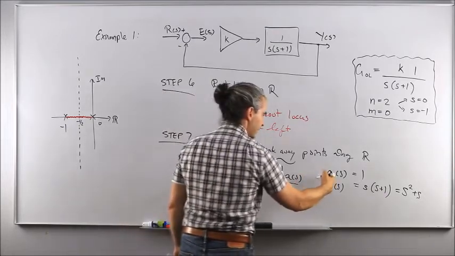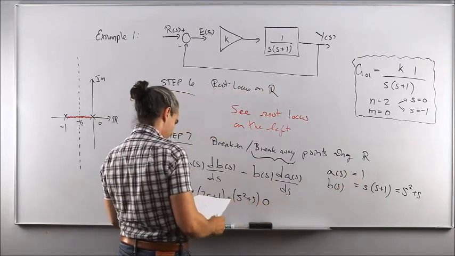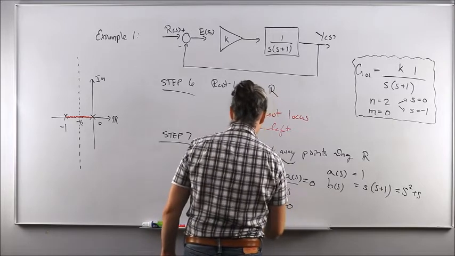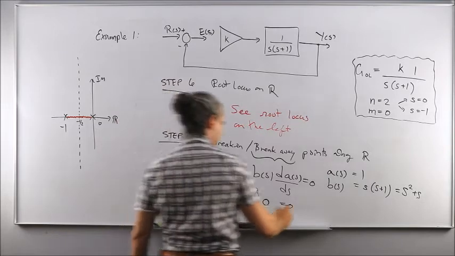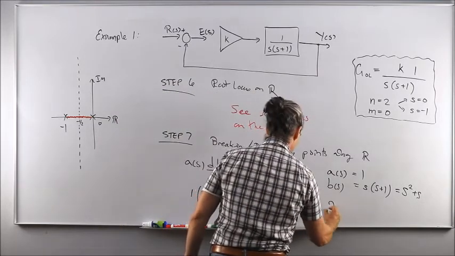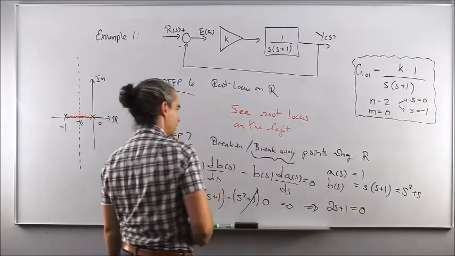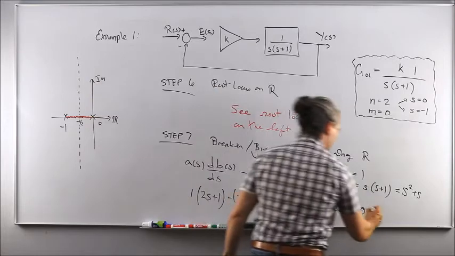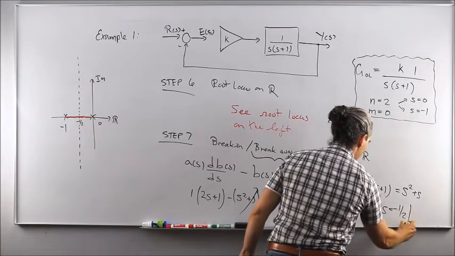Well, it turns out that A is not even a function of s, so that becomes 0. And this needs to be equal to 0. Okay? That goes away, and I'm going to be left with 2s plus 1 equal to 0 to figure out the breakaway point, such that it is going to be at s equal minus 1/2.